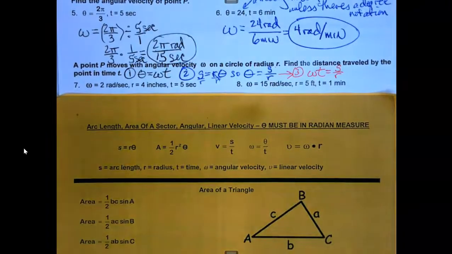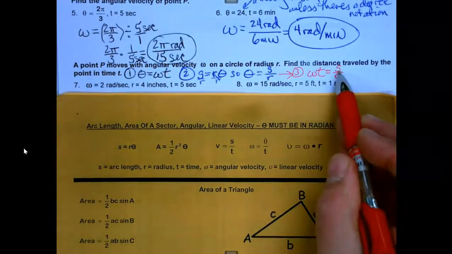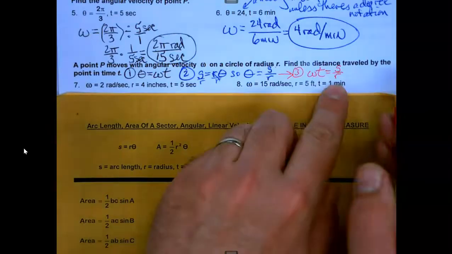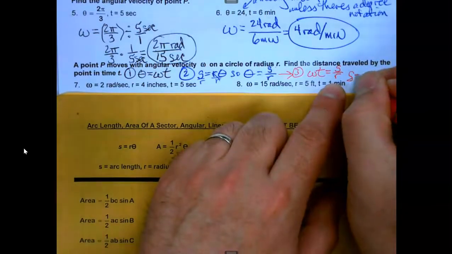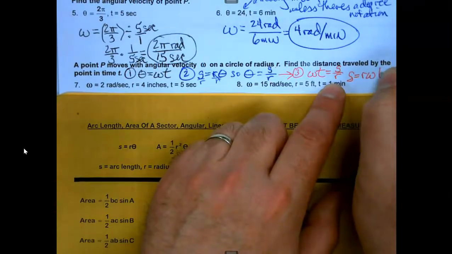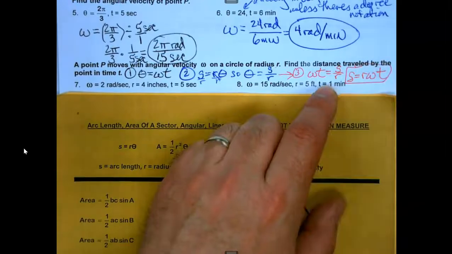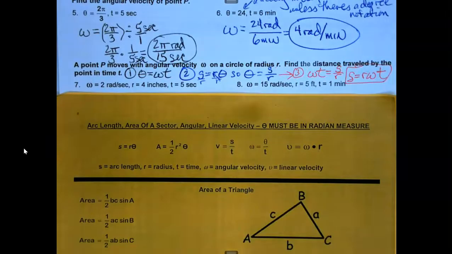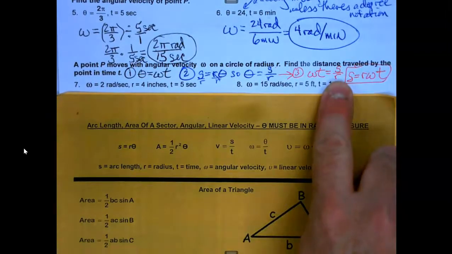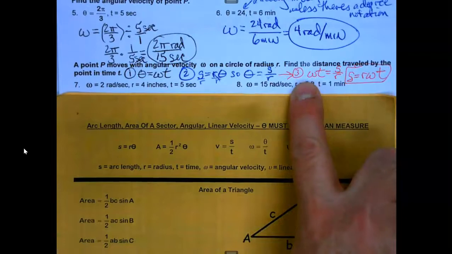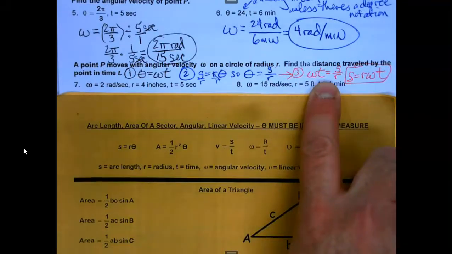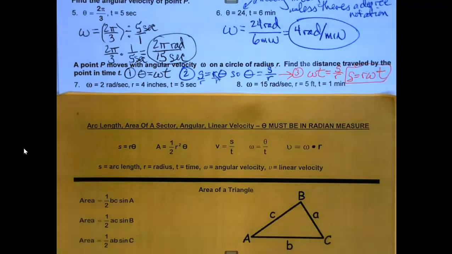And if I'm looking for the distance, if I want to solve for s, I'm just going to multiply both sides by r. Over here, the r goes away. I just have s. Over here, I got r times angular velocity times time. Now I have all three pieces.